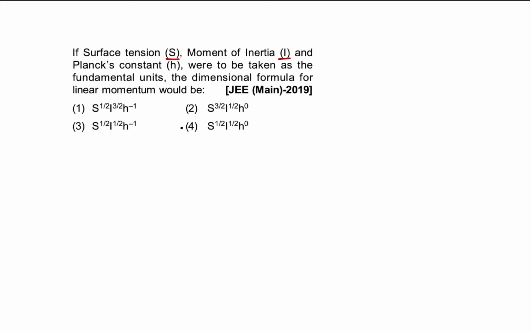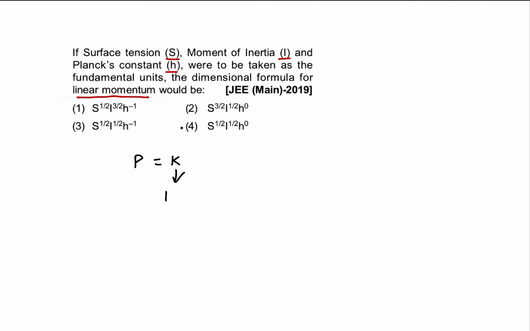If surface tension S, moment of inertia I, and Planck's constant h were to be taken as the fundamental units, the dimensional formula for the linear momentum would be. Linear momentum you have to write.